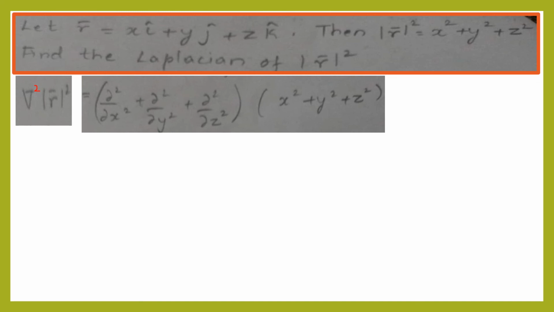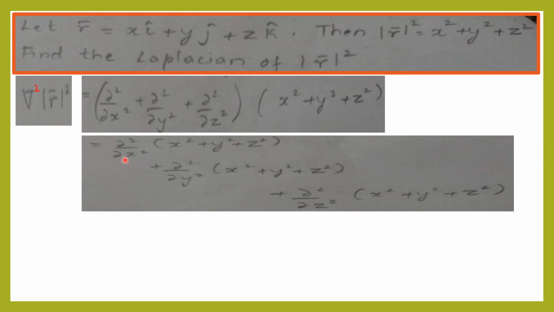Del square is given as del square upon del x square plus del square upon del y square plus del square upon del z square. And now we substitute this mod of r bar square and open up the brackets as del square upon del x square of this mod of r bar square, same way del square upon del y square of this bracket plus del square upon del z square of this bracket.